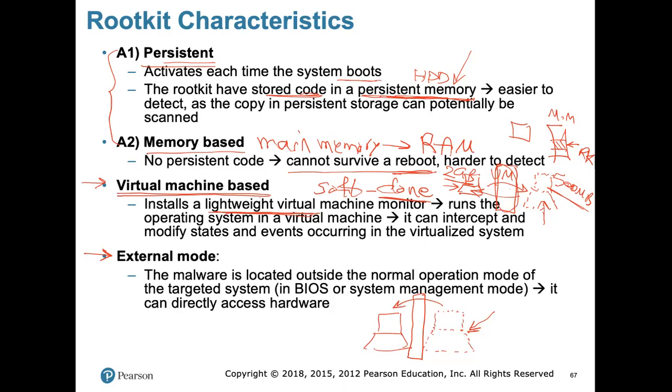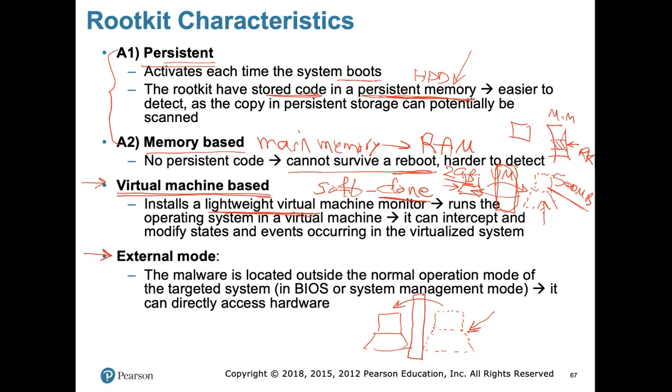So this is a very good idea to develop rootkits, so that the hacker would have a very high level of access, something similar to the operating system. So this is one feature that some of the rootkits use.